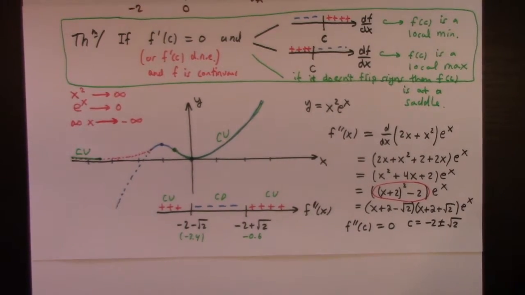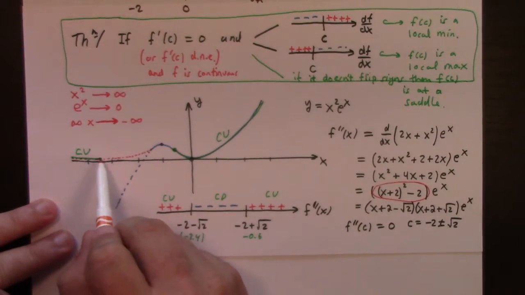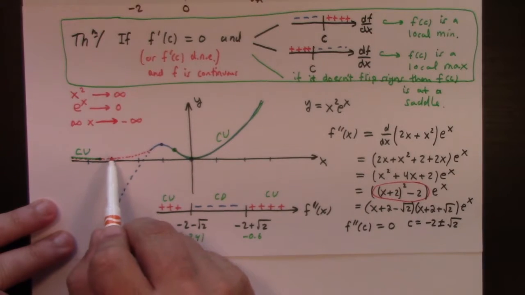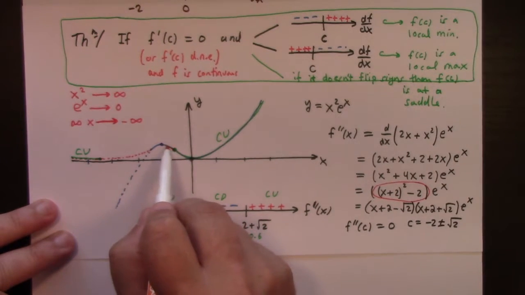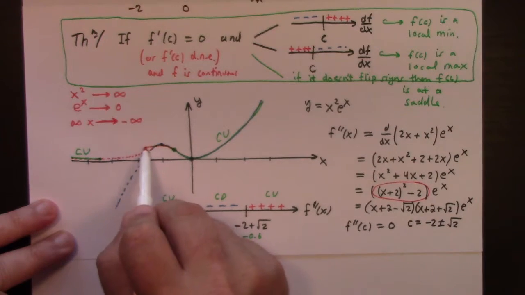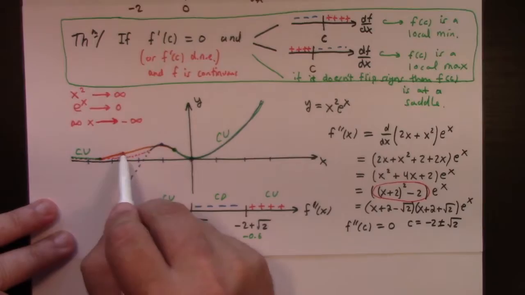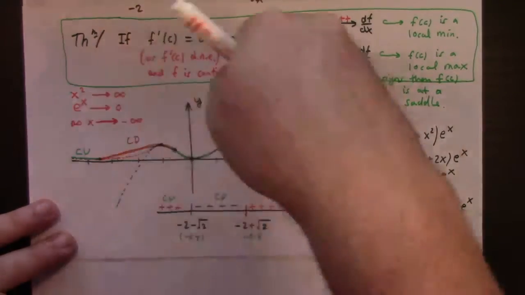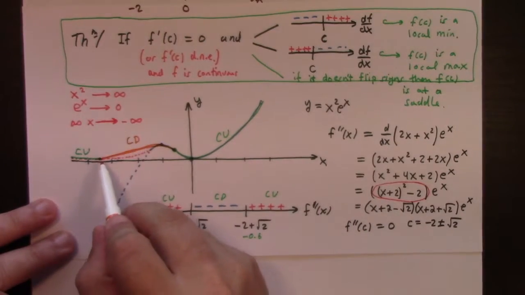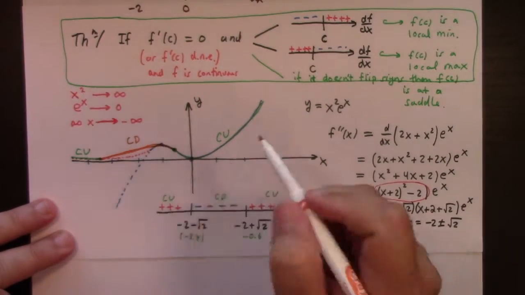And so this piece right in here, I'm bad at doing these, but this is concave down. It's like a downward shaped bowl in here, with that being the local max right there.